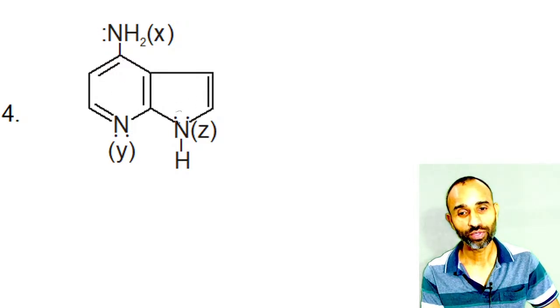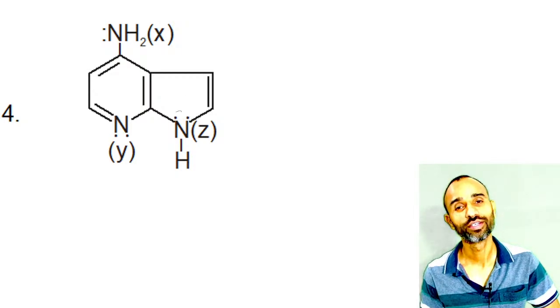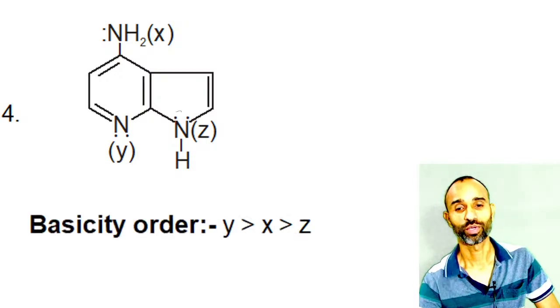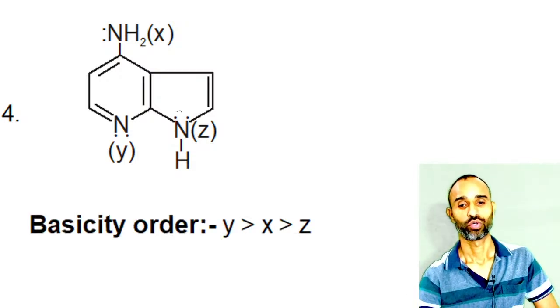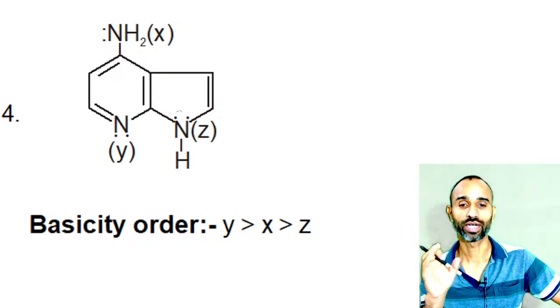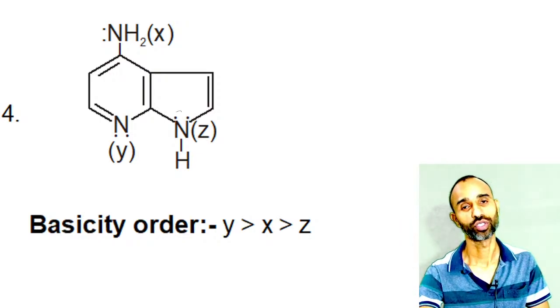But here, if it donates, then yeah, this ring becomes non-aromatic. So it should be Y, X, and least is Z.